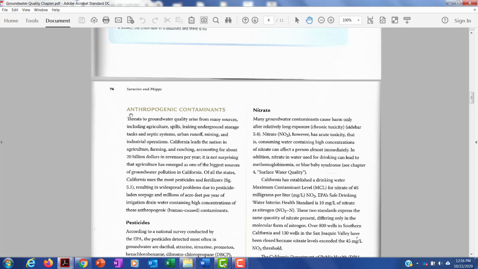One is anthropogenic contaminants, man-made, human-made contaminants, versus naturally occurring. And this is a very big deal because perhaps the majority, or at least a big part, of our groundwater quality problems in California is from naturally occurring contaminants.